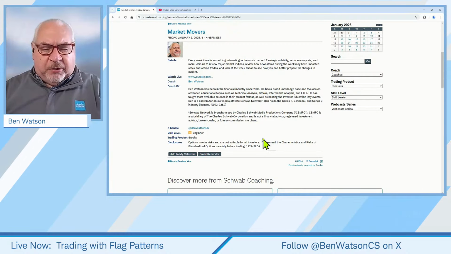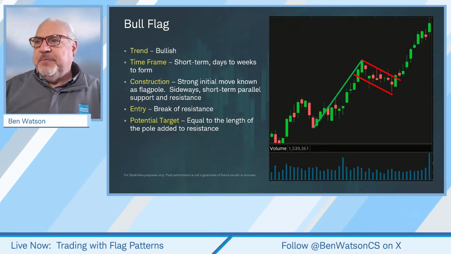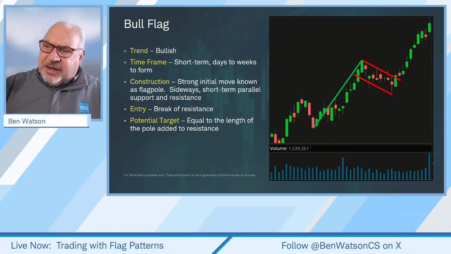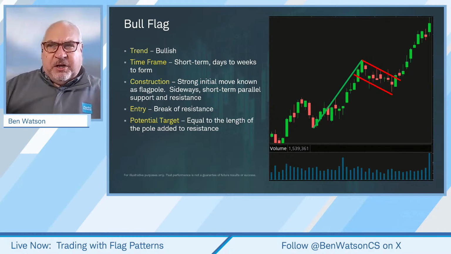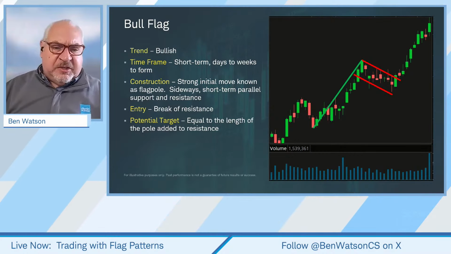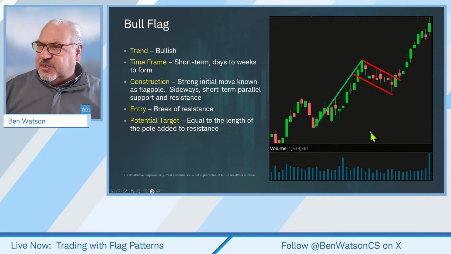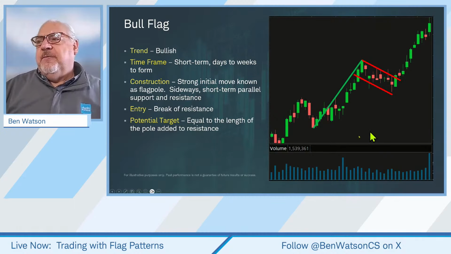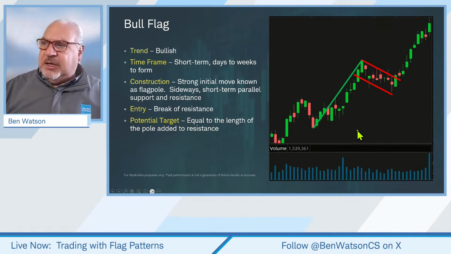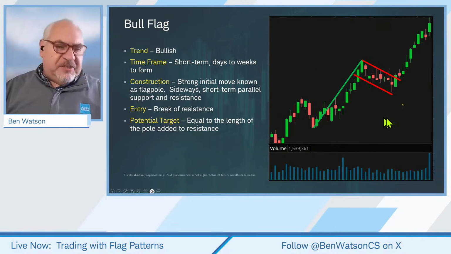And I want to just pop back over here really quickly to our anatomy, if you will, of a bull flag. And I wanted to, again, bring this up and reiterate, as we've been talking about these bull flags, and bear flags for that matter, one of the things that strikes me is that very, very rarely does a bull flag look exactly like this.